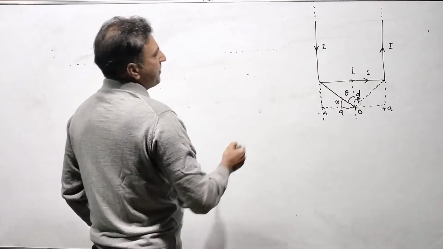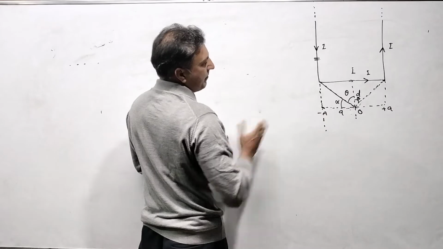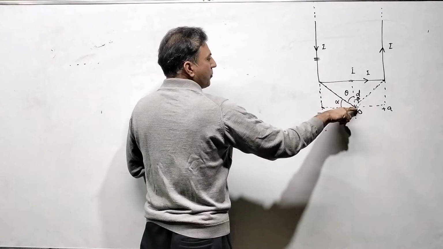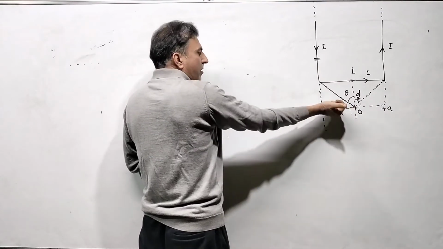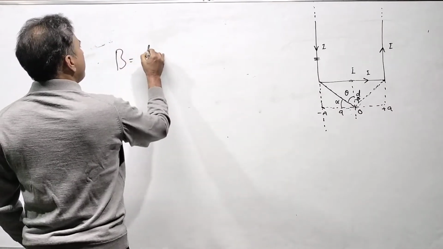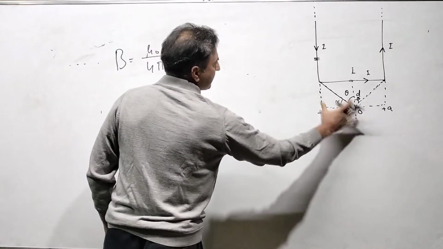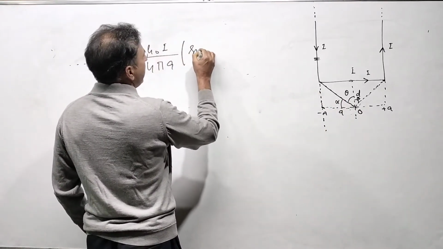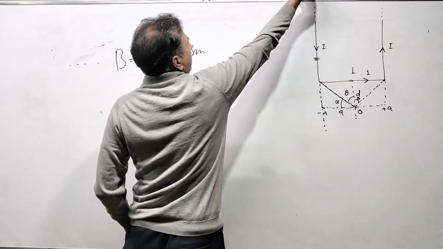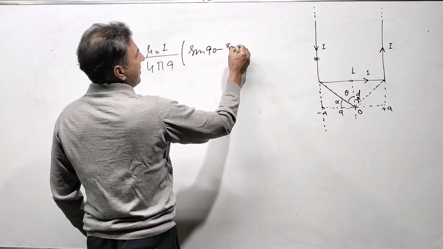So what is the magnetic field due to this conductor? And what is the direction of that magnetic field? Current is downwards. It is I, and A is here from the conductor up to the point O. I cross A, outwards. So it is an outward magnetic field. So B equal to mu 0 I by 4 pi A, sine of that angle which the edge line makes with the longer one at infinity, that is 90, minus sine alpha.